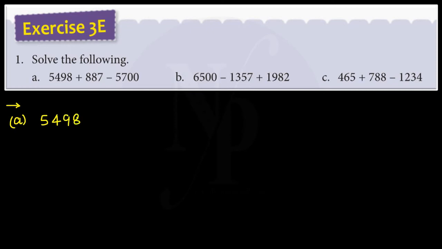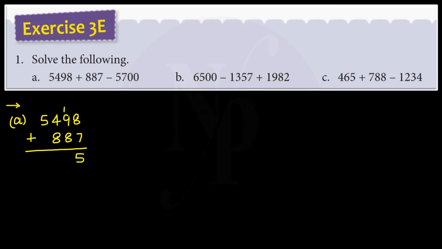5498 plus 887. So 8 plus 7 is 15. 15 can be regrouped as 1 ten and 5 ones. 5 ones are written in the ones place and 1 ten is carried forward to the tens column.